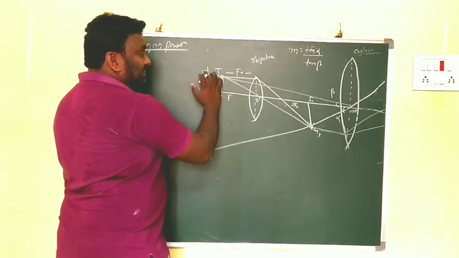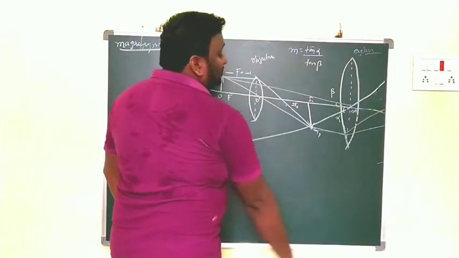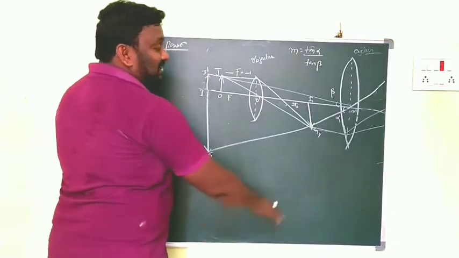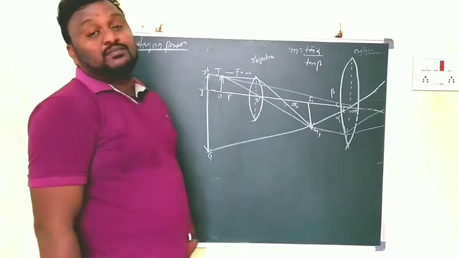Then I treat that IJ dash, which makes some angle at the optic center of the eye lens, beta. The ratio of these two is what we call magnifying power.